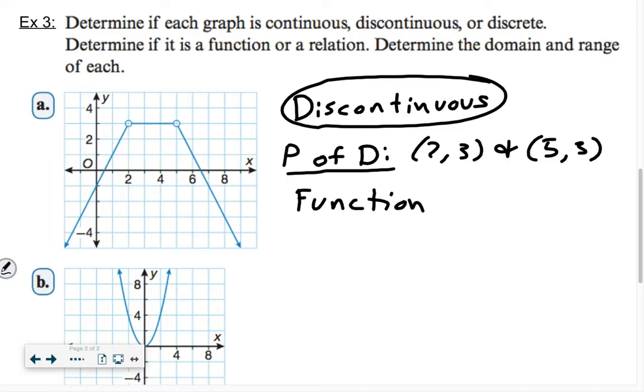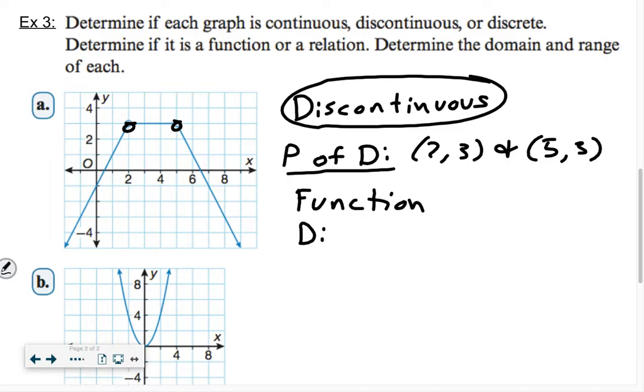Lastly, domain and range. Does this thing go on forever to the left? Yes. Okay, it's going down, but it's going to the left as well. Does it go to the right? Yes. So we are tempted to say that the domain is all reals. The only problem is these 2 points of discontinuity.